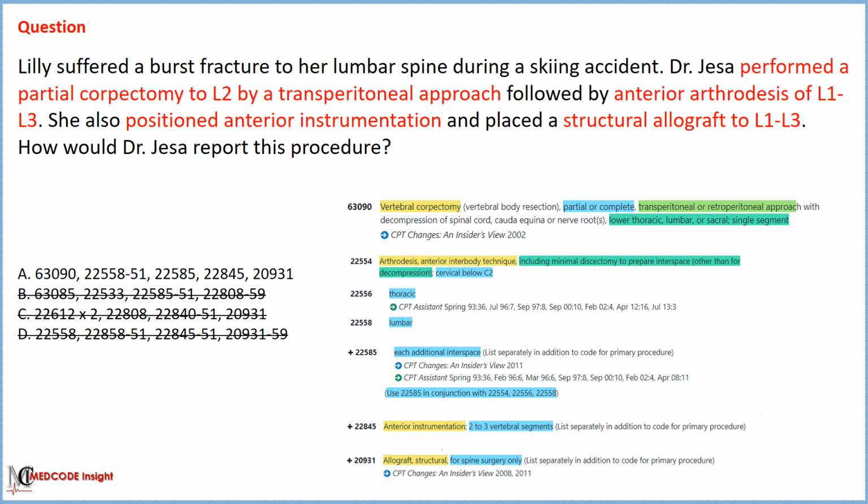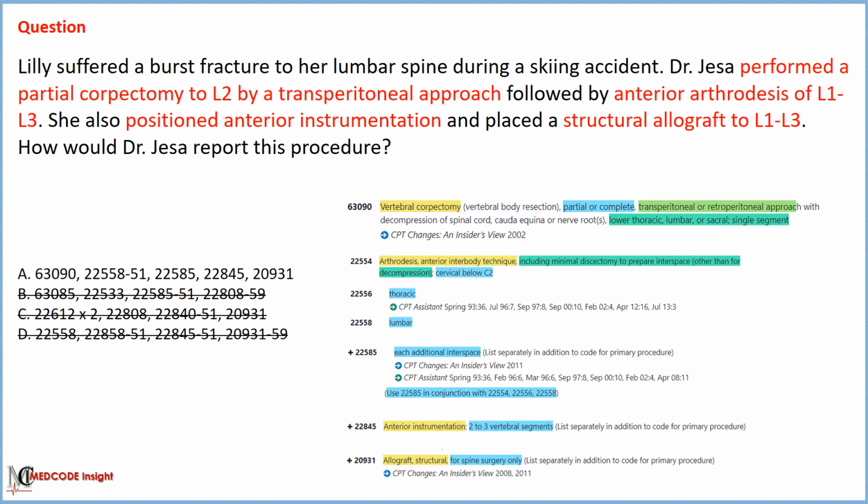So the correct option is option A with code 63090 used for vertebral corpectomy, partial or complete, transperitoneal or retroperitoneal approach of the lower thoracic, lumbar or sacral single segment. Code 22558 is used for orthodesis anterior interbody technique including minimal discectomy to prepare the interspace in the lumbar region.